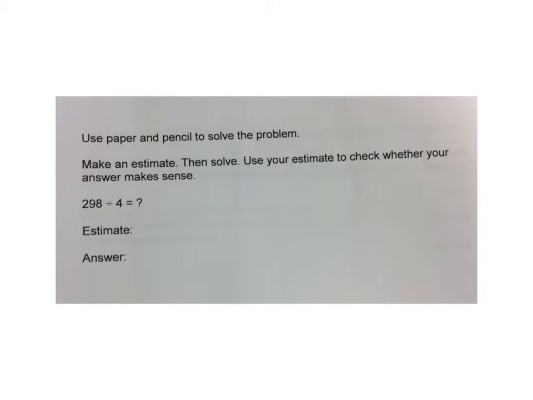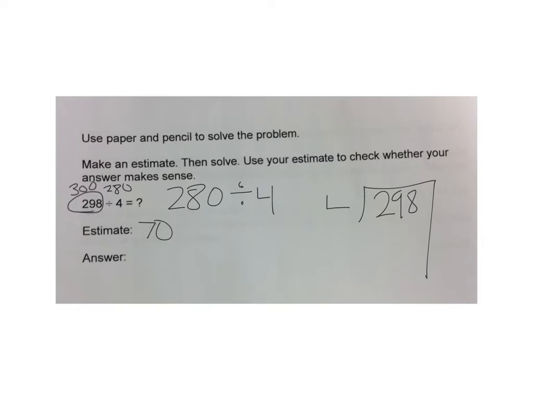Same thing here, except I'm dividing. So for my estimate, I'm going to change this to something close that I can divide by 4. So 300, I can't divide by 4. But I could do 280, because I know that 28 can be divided by 4. So my estimate is going to be 70. Now I'm going to do my actual division.